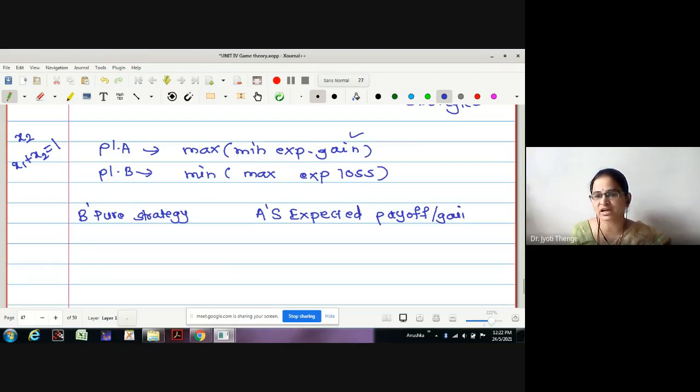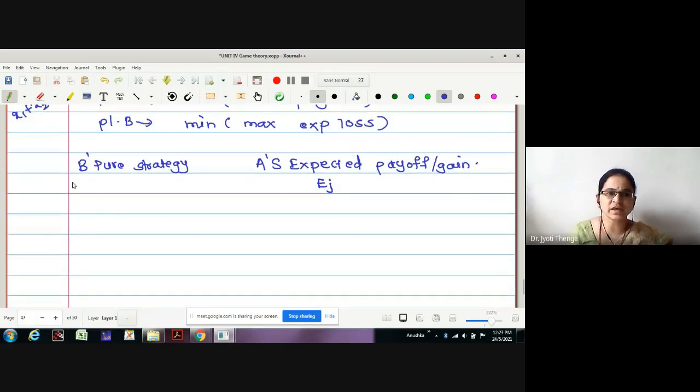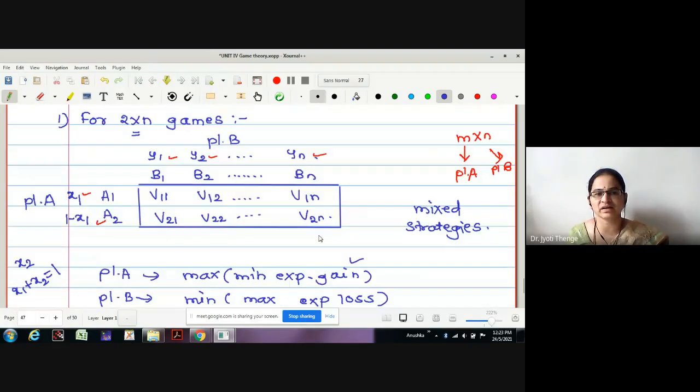Therefore, I can write it as payoff or gain. What is the symbol we have given for the expected gain? E_j, right. So you just tell me, if B plays the first activity B1, what is A's expected gain?